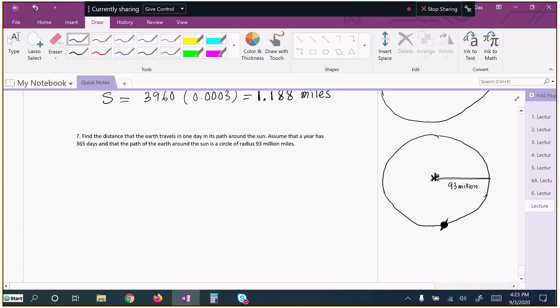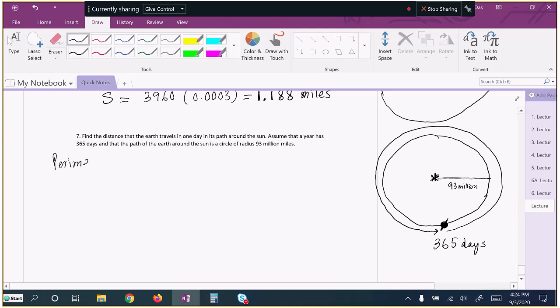What I want to know is how much distance Earth covers in one day. Remember, Earth covers the entire perimeter. So starting from this point, it completes a full rotation and comes back to the original position in a year, which is 365 days.